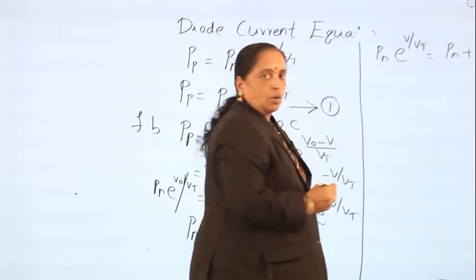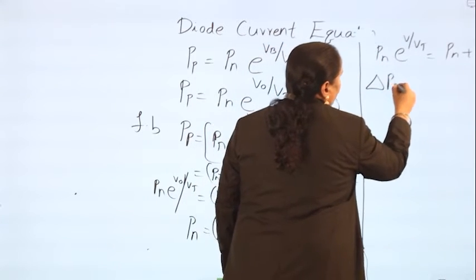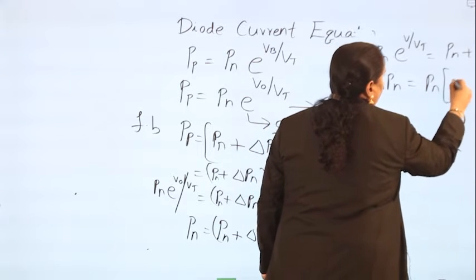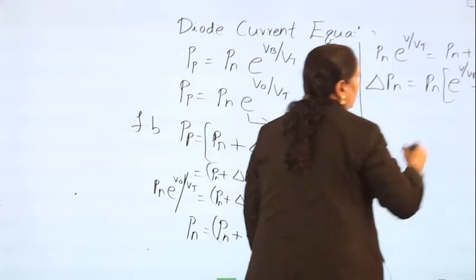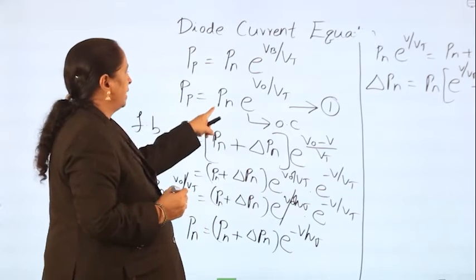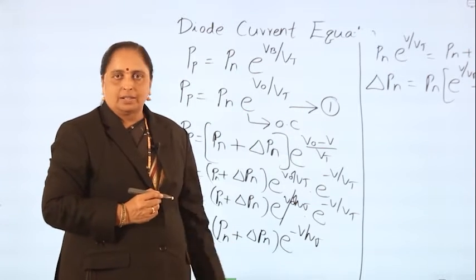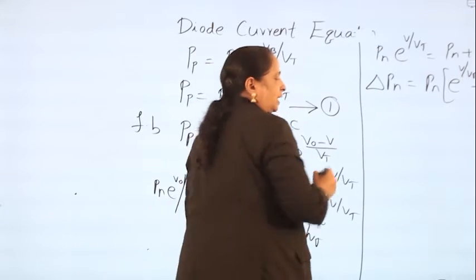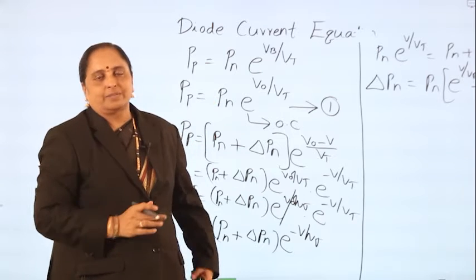Now let us take delta Pn. Therefore, delta Pn is equal to, if you take Pn common, Pn into e to the power of V by Vt minus 1. So again you have to substitute equation number 1 for Pn. See here Pn is there. P into e power V by Vt, like that, if you substitute, finally we will get the result. So what is this delta Pn? Delta Pn is nothing but the excess holes entering into the N region, isn't it?